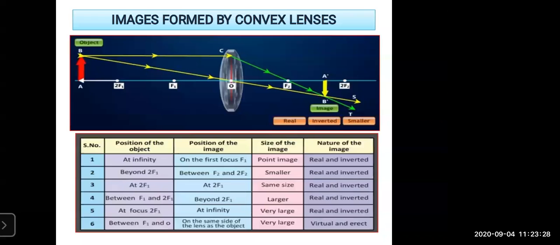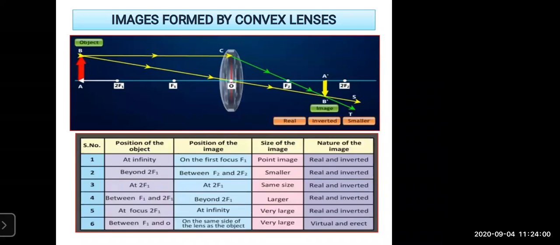Okay, so A1 B1, that is A dash B dash, is your image along the principal axis. So the image formed is real, inverted and smaller, right? It is smaller than the object. According to that, look at the chart in your textbook, page number 83.